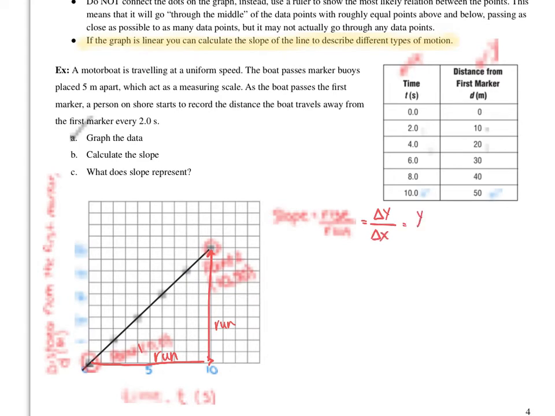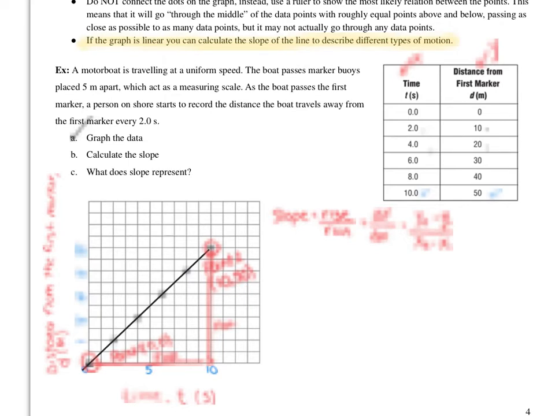So we're going to take the coordinate from point 2, we'll take the y value, take away y1, all over x2 minus x1. So final minus initial point.